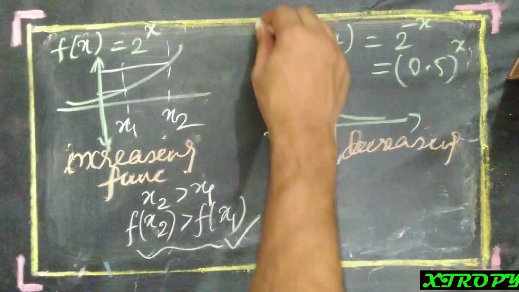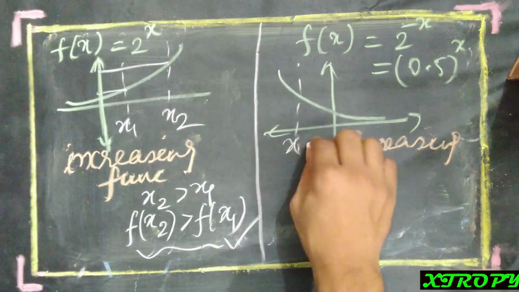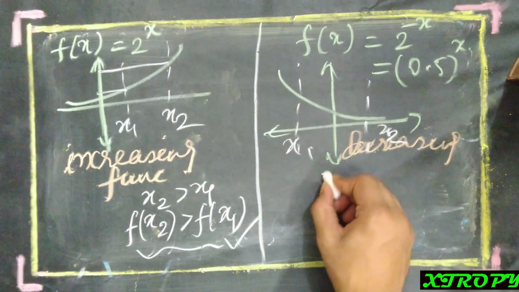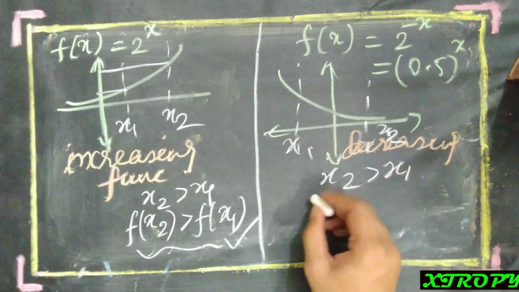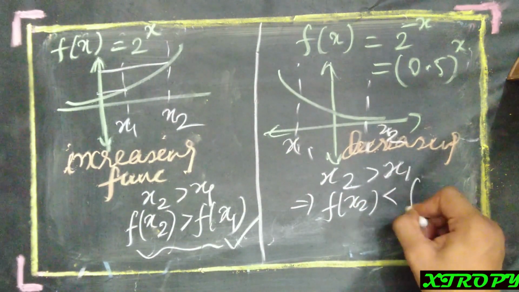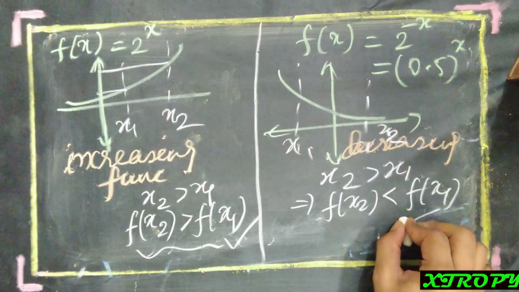Whereas in a decreasing function, let this be x1 and let this be x2. We can again see that x2 is greater than x1, but the scenario is different. f(x2) is actually smaller than f(x1). This is the definition, the real identity, of a decreasing function.